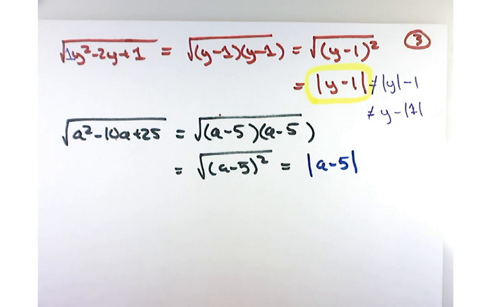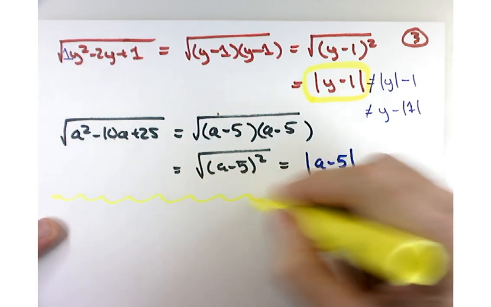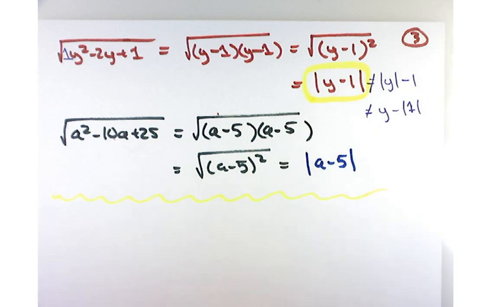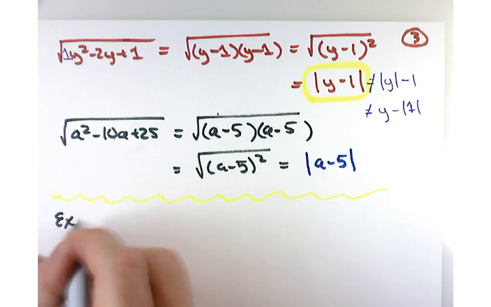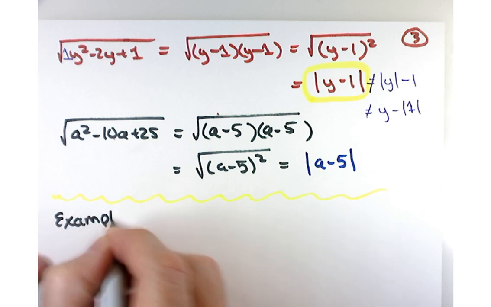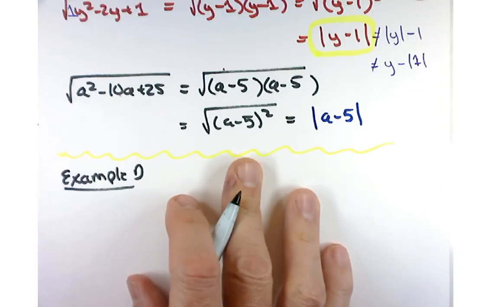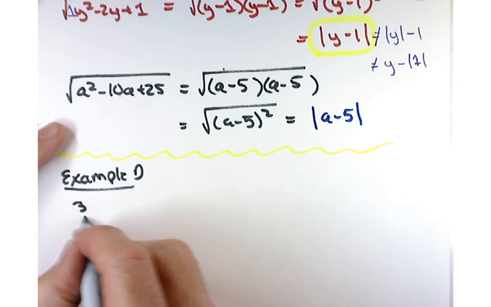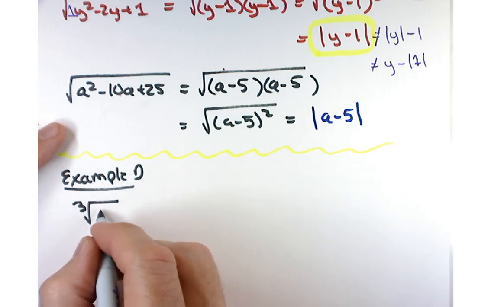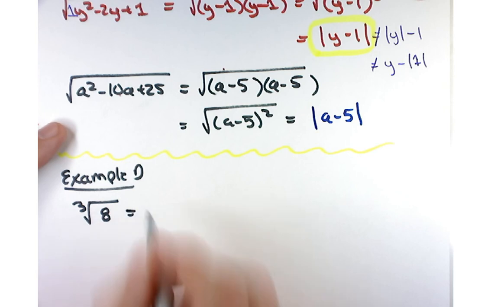Okay, now we're not always going to be stuck with just square roots. Sometimes we're going to work with higher power roots. So let's talk about those. So still kind of cruising along, but we'll look at, for example, D. Let's start out with a very basic one, cube root of 8.